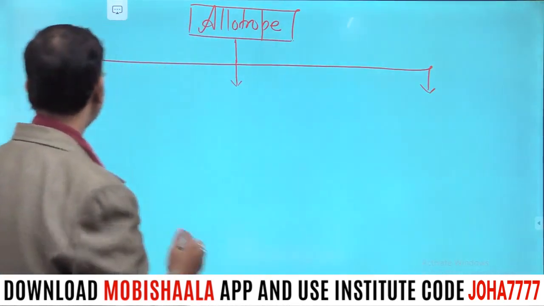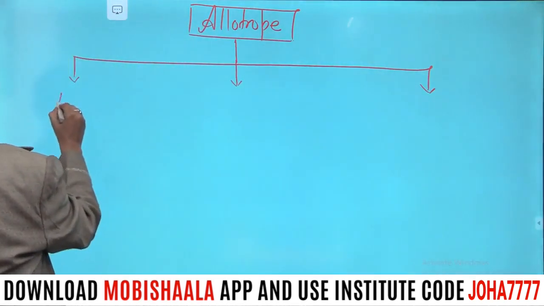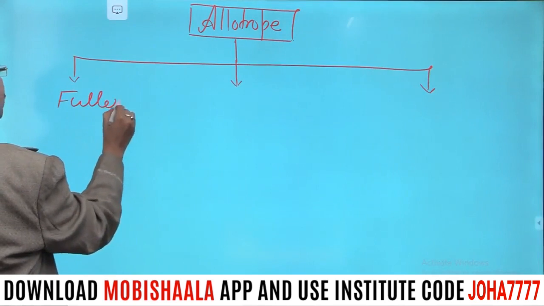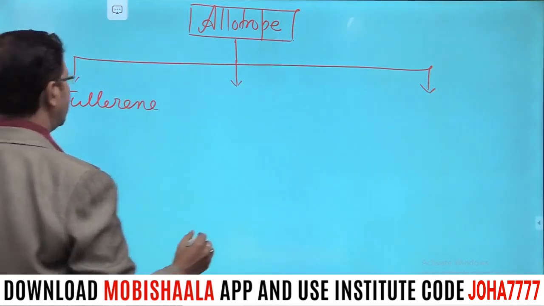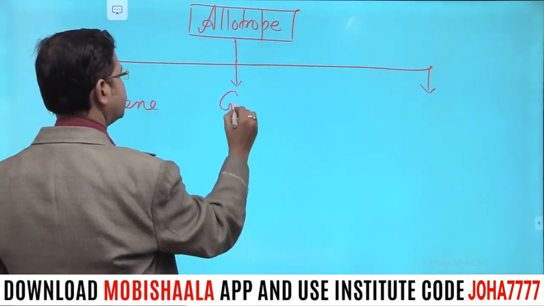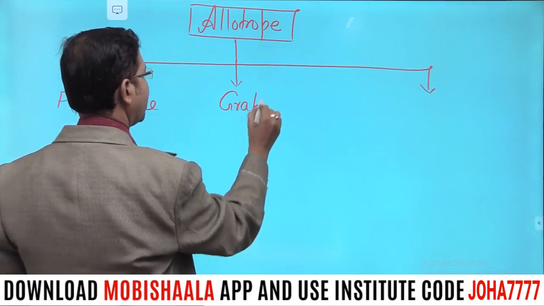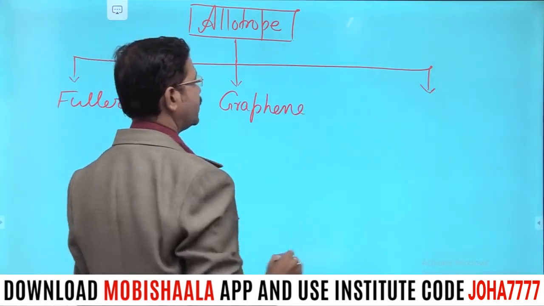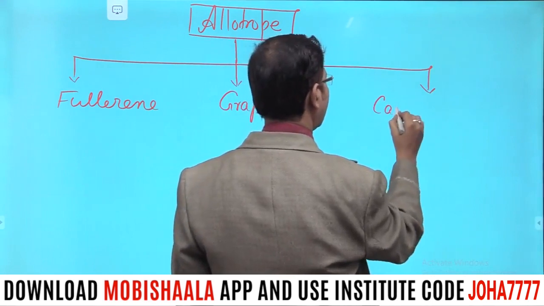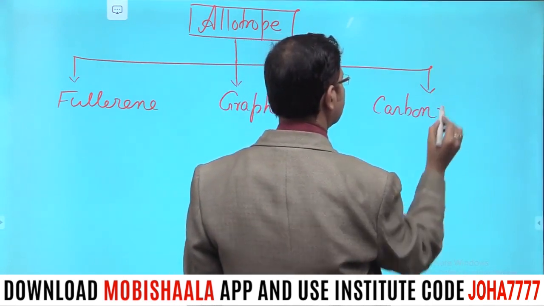One of them is what? Fullerene. The other one is graphene, and the next one is carbon nanotube.